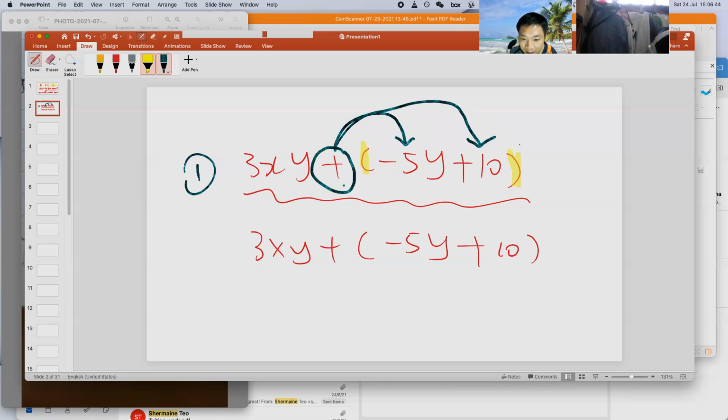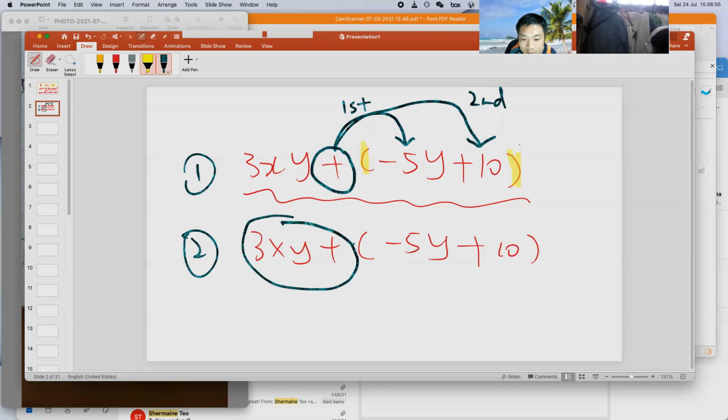Basically, you take plus, do the first arrow, plus second arrow, or you do this whole thing, first arrow, and then the whole thing, second arrow.